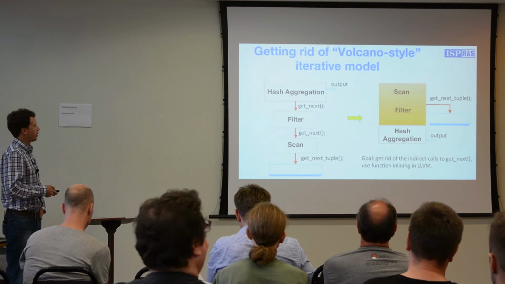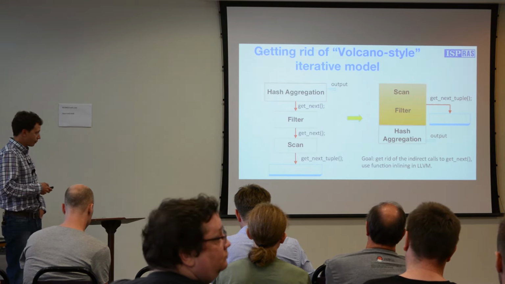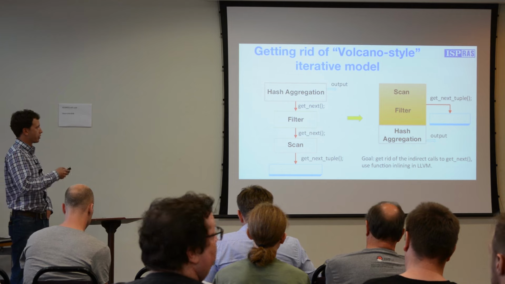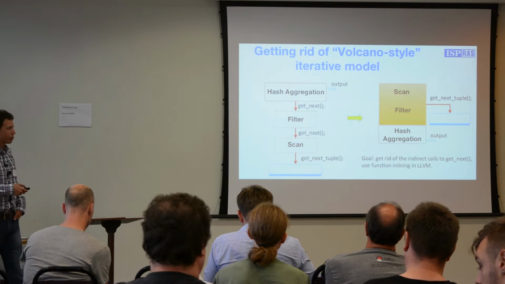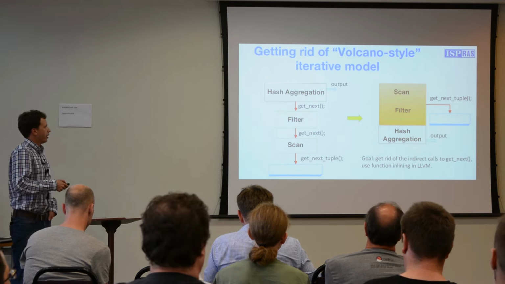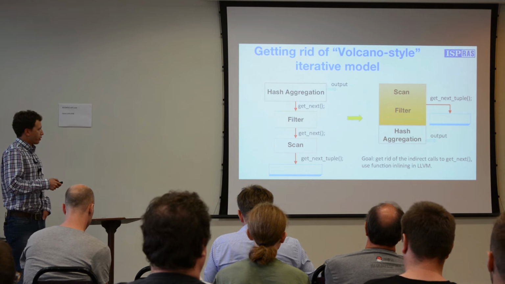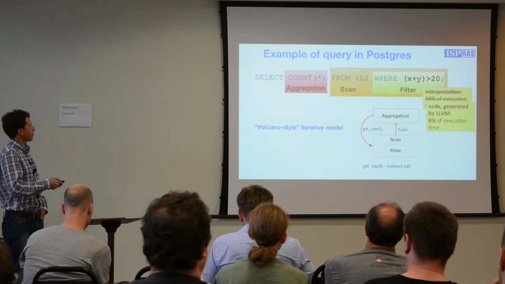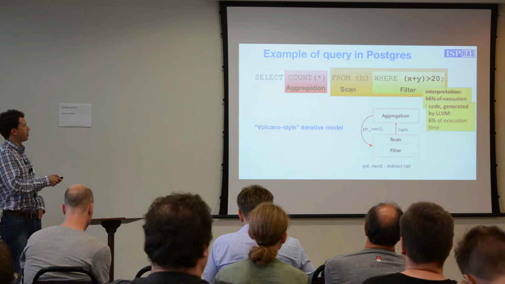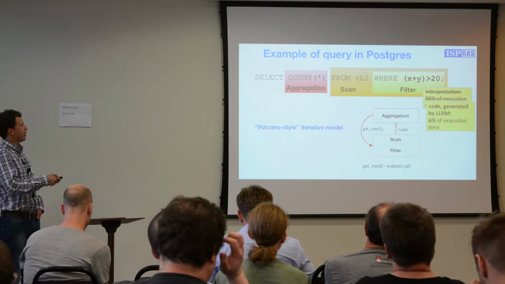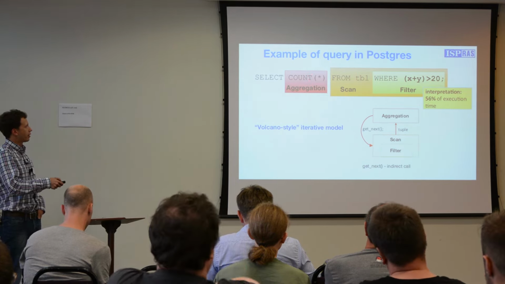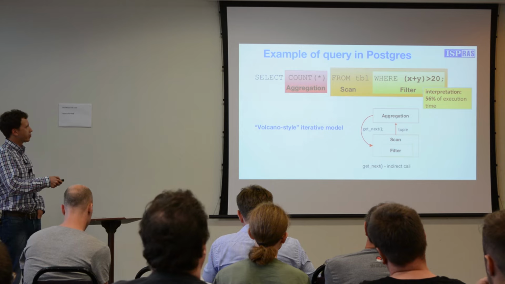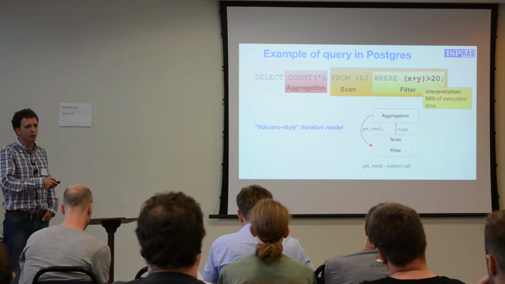First of all, we want to rewrite this one. In Postgres, there is a workflow with virtual functions. So we start with the aggregation part, and this count asks this model, and there can be different methods for scan. That's why there is a virtual call.